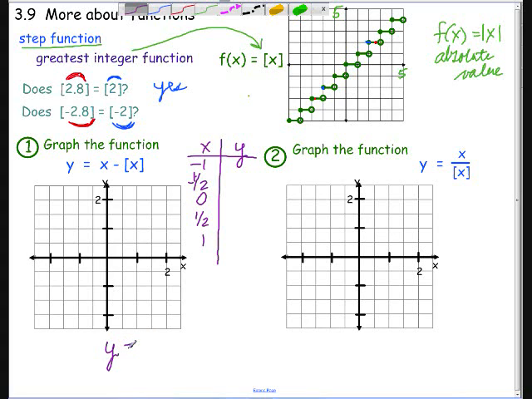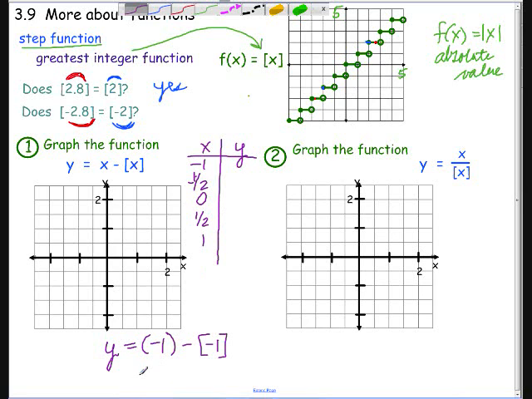Then I would have y equals negative 1 minus the greatest integer for negative 1. Well, what is the greatest integer for negative 1? Here's negative 1. And the output of that is negative 1.